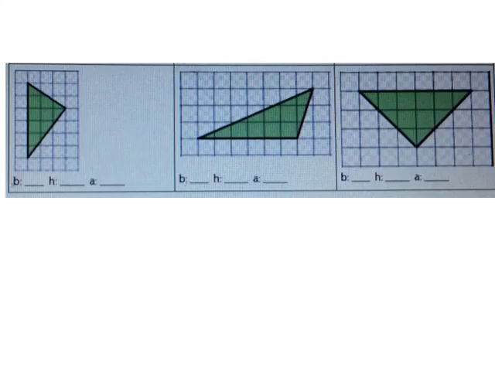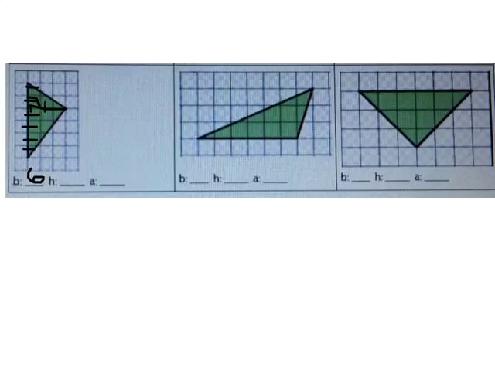Now let's find the area of some triangles. What's the base of this triangle? Remember, the base is any straight line we can count. It's 1, 2, 3, 4, 5, 6. Remember that the height makes a right angle and goes to the tallest point. What's the height of this triangle?